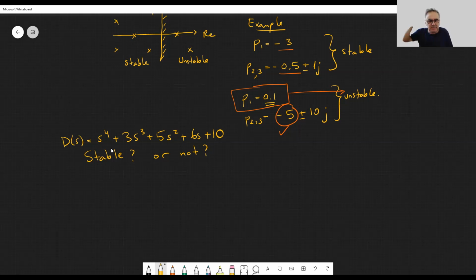But we want something more than this. We want to find out a method to analyze stability without finding the roots of this system, because this can be a tool for the design as well.